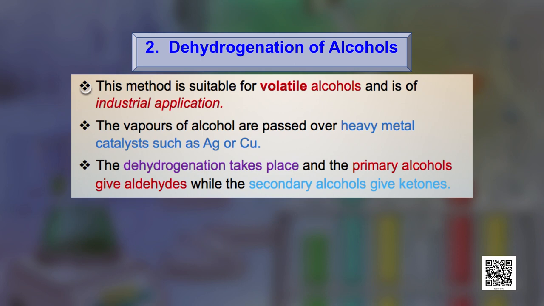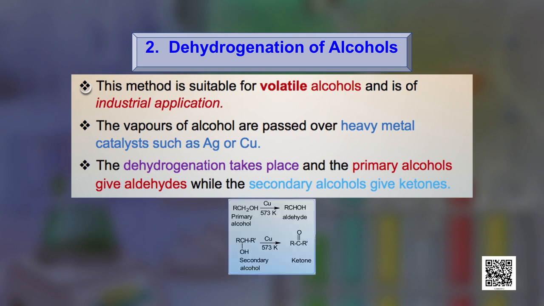The vapors of alcohol are passed over heavy metal catalysts such as silver or copper. The dehydrogenation takes place and the primary alcohols give aldehydes while the secondary alcohols give ketones. You can see the reactions of the examples here for the preparation from primary and secondary alcohols.